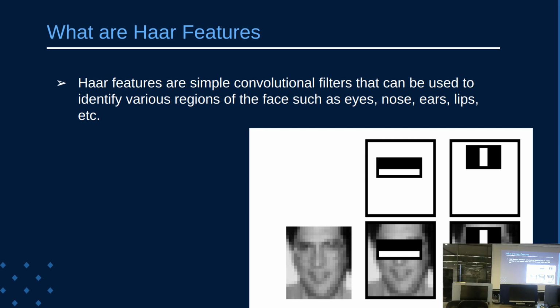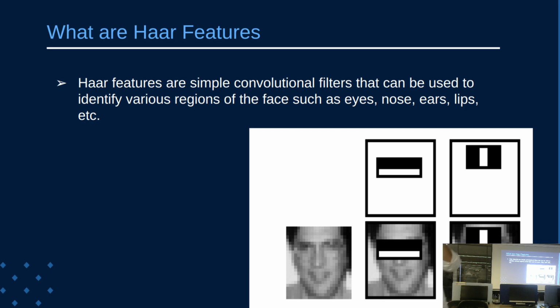So there are a set of features which people have worked on and determined, and these are called Haar features. So what Haar features do is that they basically try to capture different places on the face. So for example, you can see that this is a feature for determining a pair of eyes, right? Why?